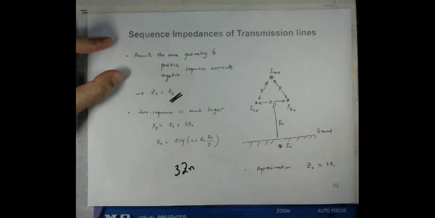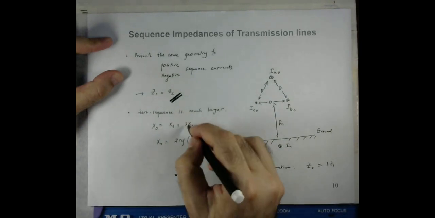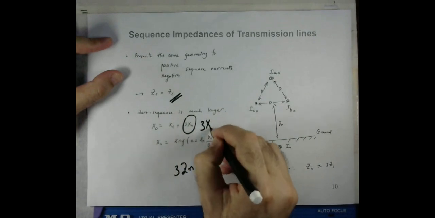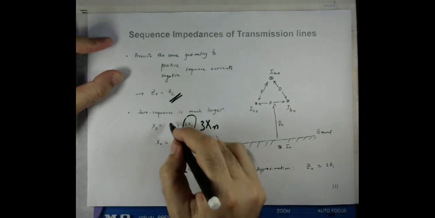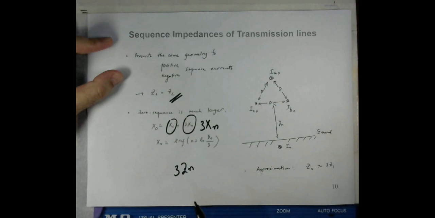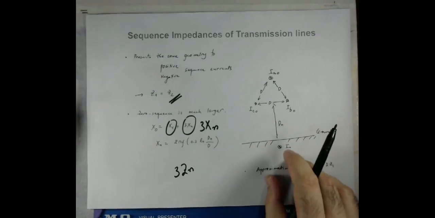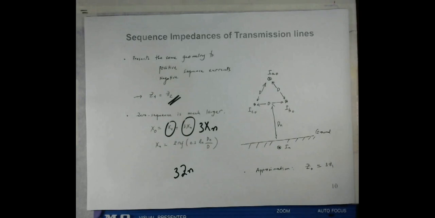But here we are only taking the inductive reactance, so that's why it is 3Xn, and that is the X1, which is, let's say, the positive sequence inductive reactance.